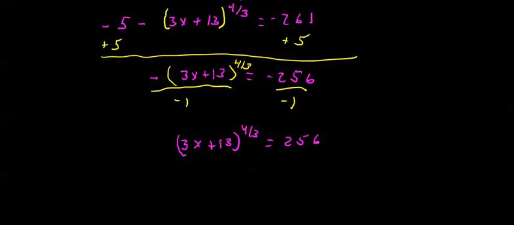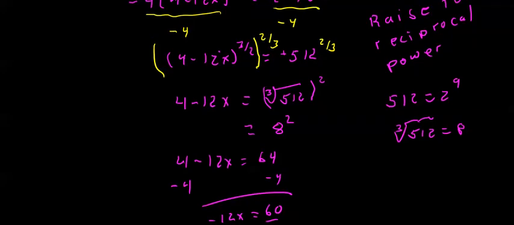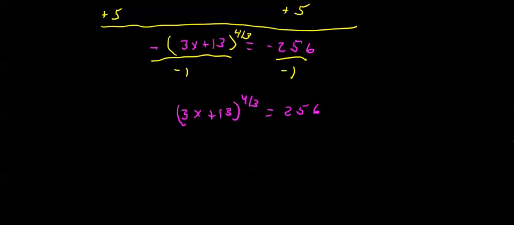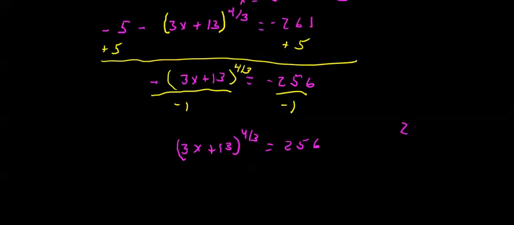Again, like in the last example, 512 was 2 to the 9th. 256 equals 2 to the 8th power. It's just one factor less of 2. That's an important thing to know.